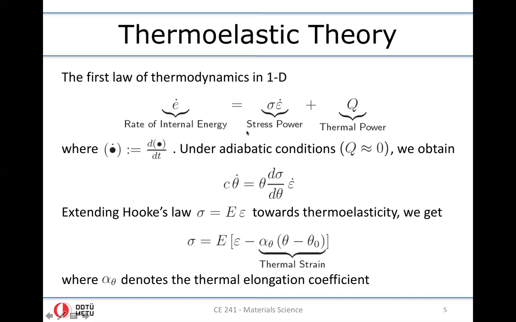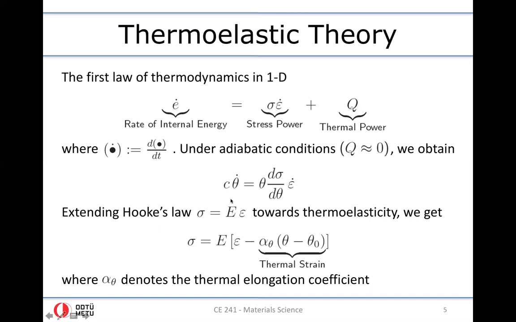This equation of the first law of thermodynamics then boils down to an ordinary differential equation, which says C times theta dot, where C is the specific heat. As you know, specific heat represents the amount of energy needed to increase a unit volume or unit mass of a material by a single degree Celsius.